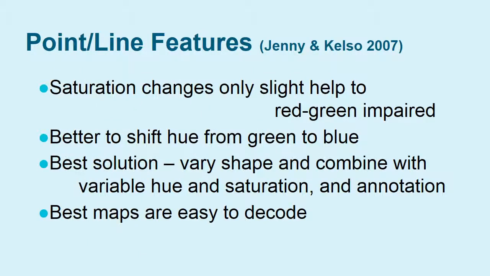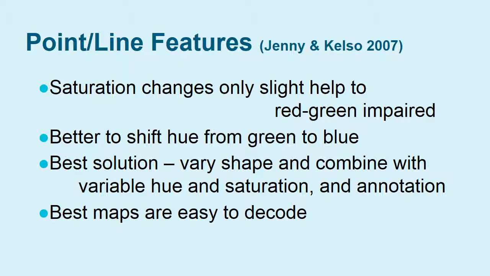Now, specifically when it comes to mapping, let's talk about point and line features. One of the things that we know is that saturation or purity of color only helps slightly when it comes to the red-green impairment, right? Jenny and Kelso mentioned that it's better to shift away from green to blue.